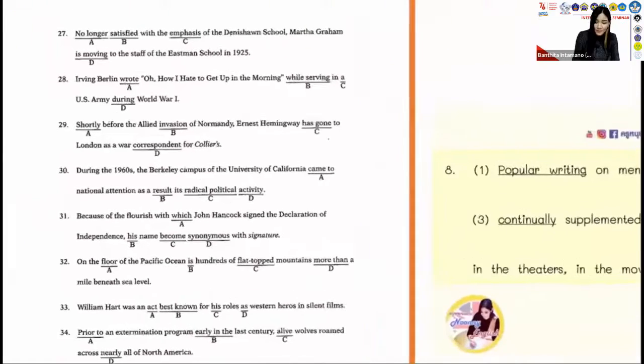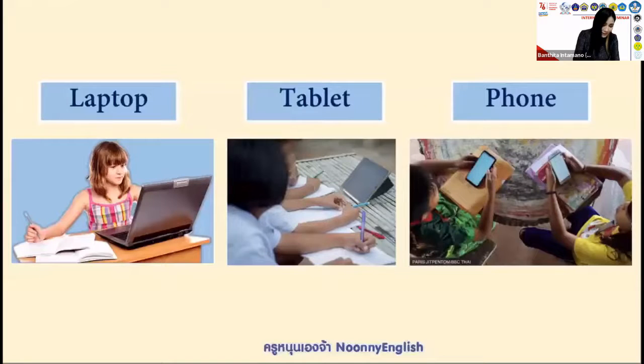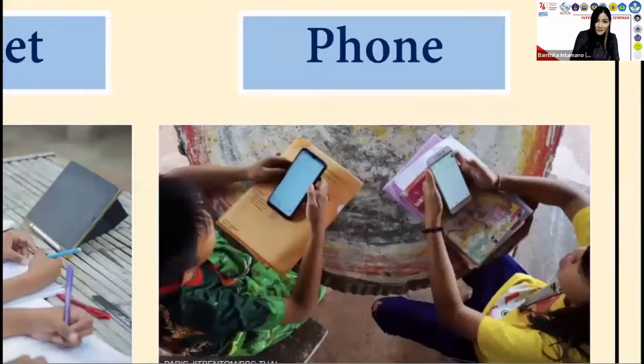Students who use a computer or laptop would find it easier to see. Some use a tablet, some share a tablet, and many might use a phone, which, as you can see, is quite small. That's why we need to put ourselves in their shoes sometimes and think about what would be best for them.